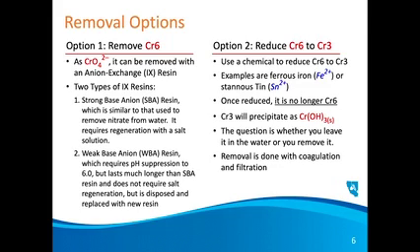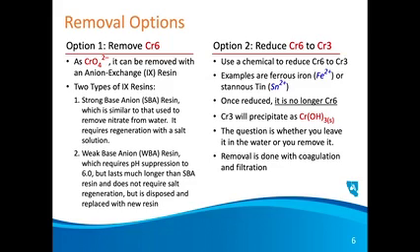And so to that extent, ion exchange resins climb up to the top of the list of options to remove Chrome 6 as it is present as a negatively charged ion. Similar to nitrate, which is a negatively charged ion, we use anion-based resins to remove nitrate, and we use the same type of resin to remove Chrome 6.